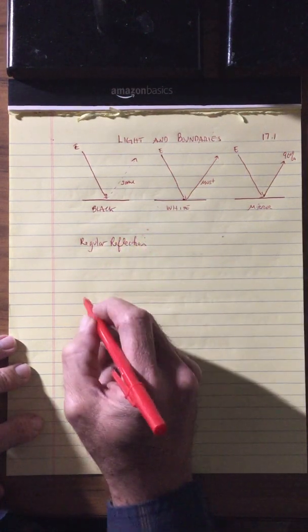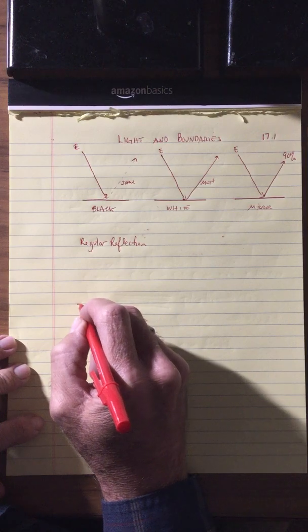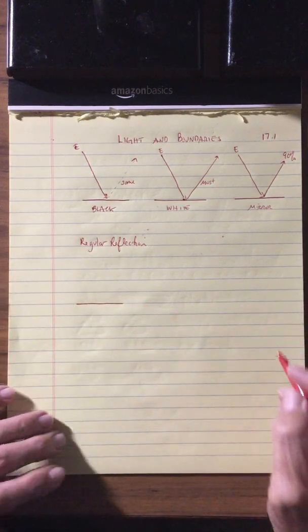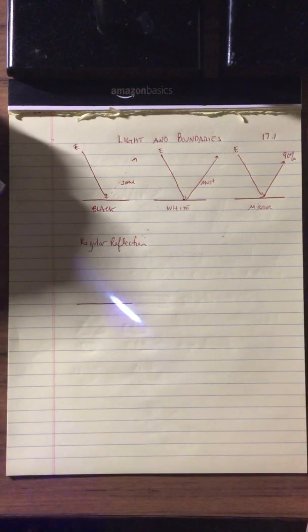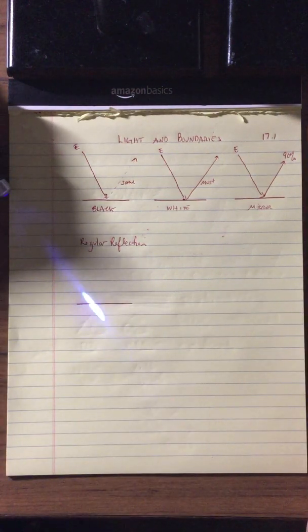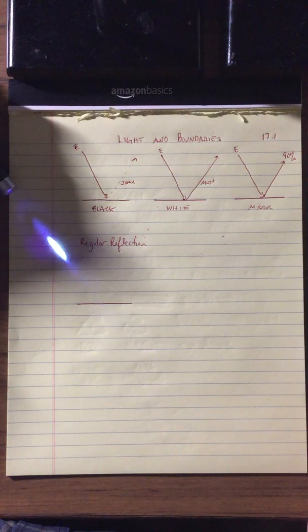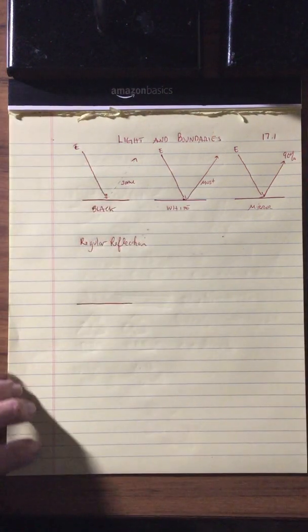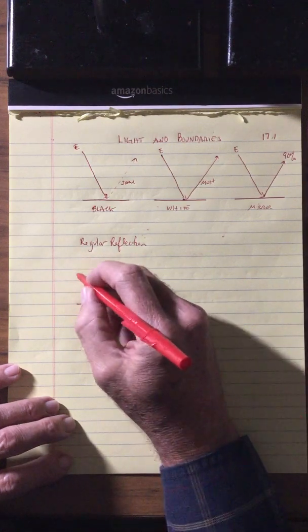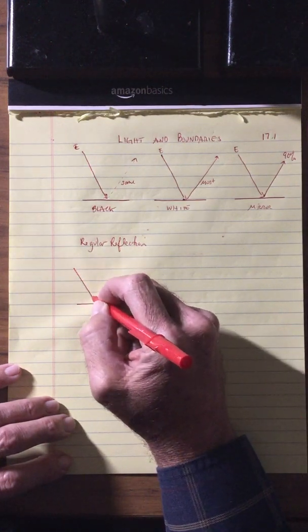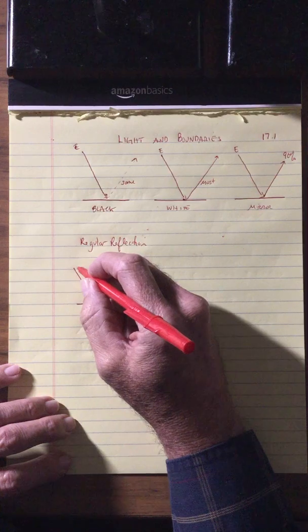So a regular reflection is when you have a smooth surface. What's happening with this pointer and the laser coming in is that this is not just one photon of light coming in. It's actually multiple photons of light. They're coming in parallel, like this.